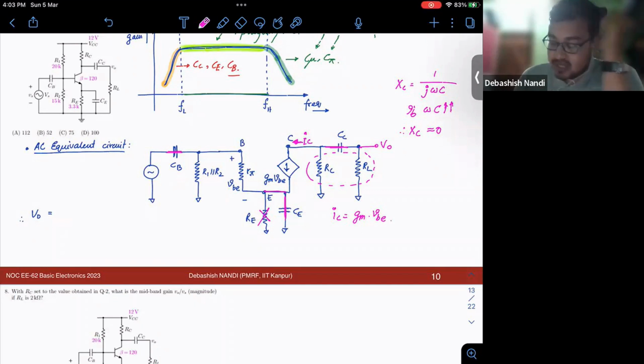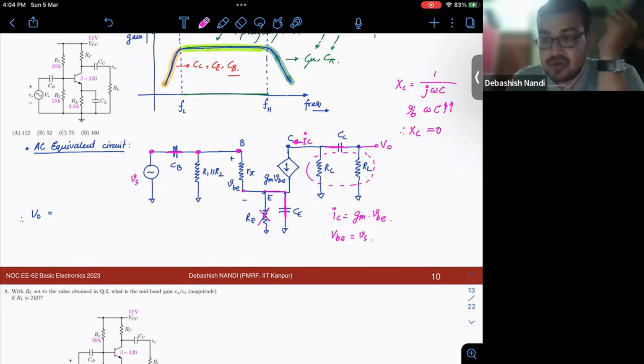And what is your VBE? Can you see that your VBE is nothing but your VS? Because this node and this node are the same. This is grounded through this, this is grounded through this. So this voltage is nothing but this voltage. VBE is nothing but your VS.